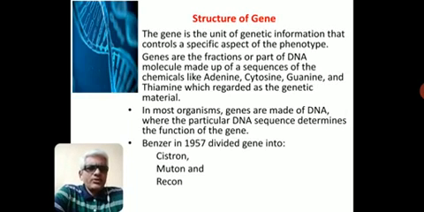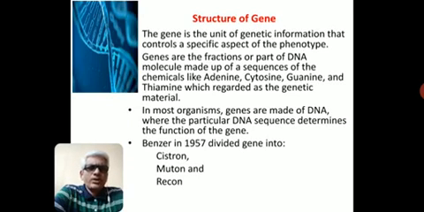Friends, as you know, genes are located in the chromosomes, and the chromosomes are present in the nucleus of any cell. These are compulsory parts present in any living organism. Genes are the genetic information which controls specific aspects of the phenotype.